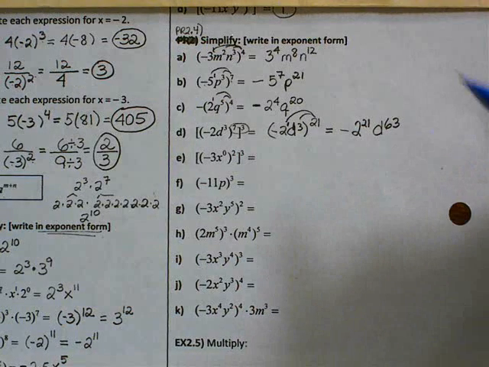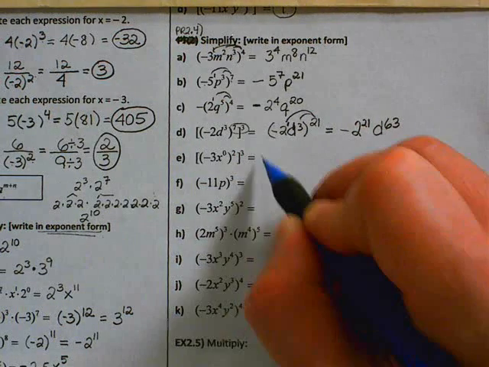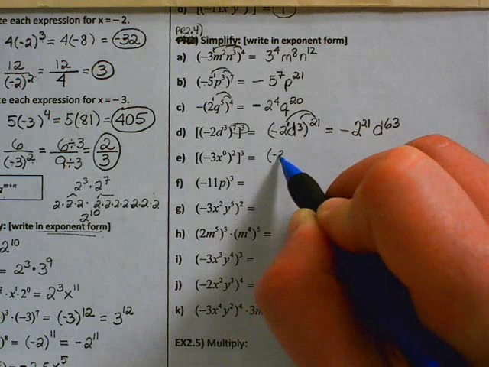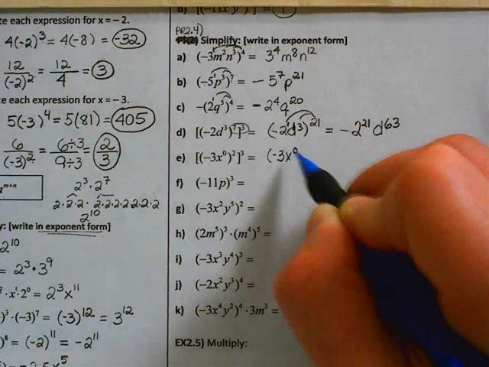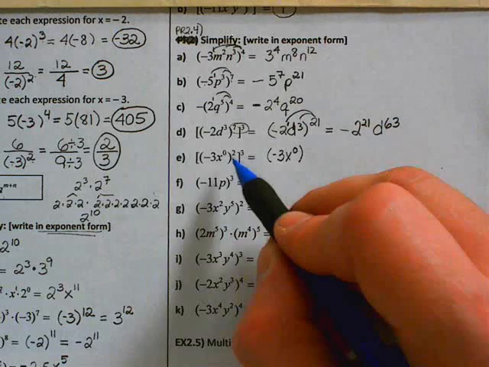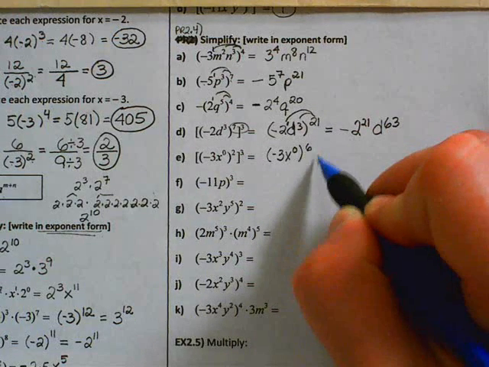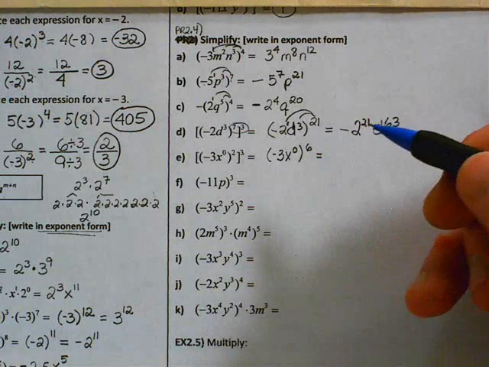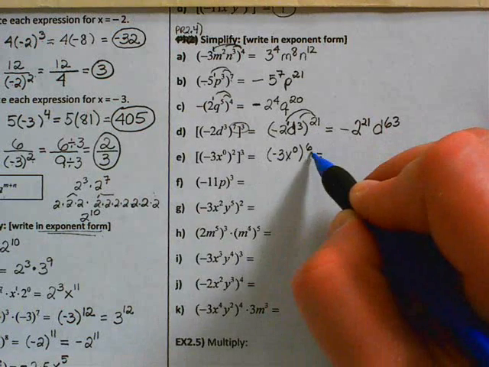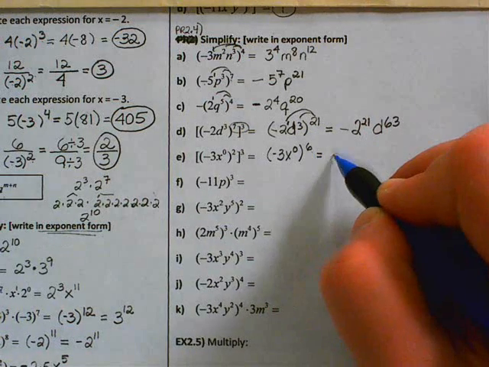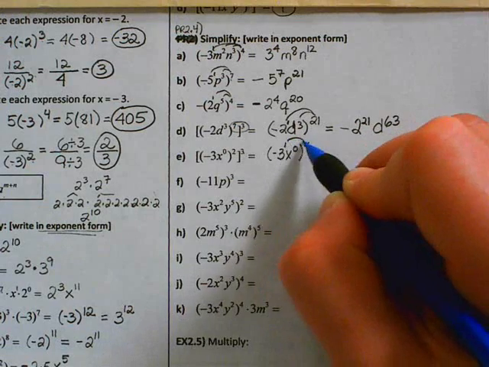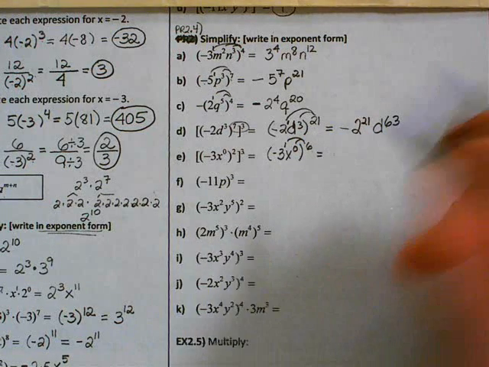Alright, let's try the next one. I'm going to copy the inside. 2 times 3 is 6. This is an even power, so the negative disappears. Let's distribute the exponent. So this would be 3 to the 6.